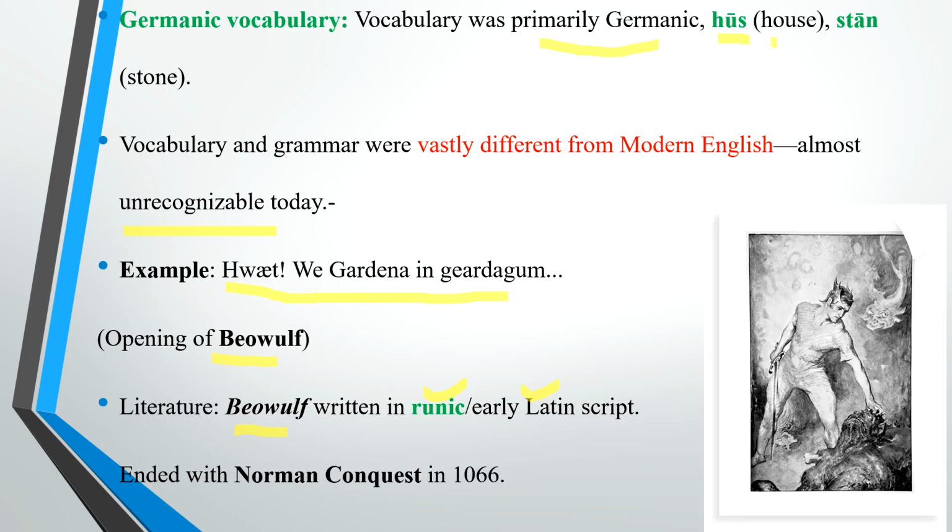And this Old English period ended with the Norman conquest in the year 1066. So what is the Norman conquest? It refers to the 11th century invasion and occupation of England by the Normans, whose forces were led by William, Duke of Normandy.